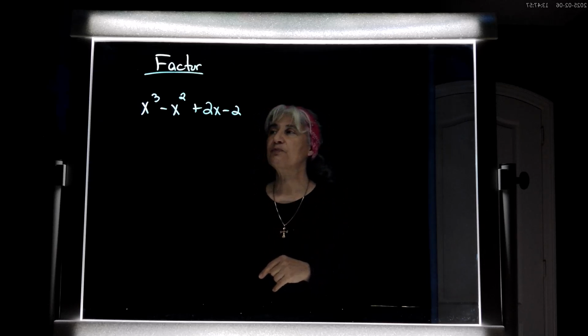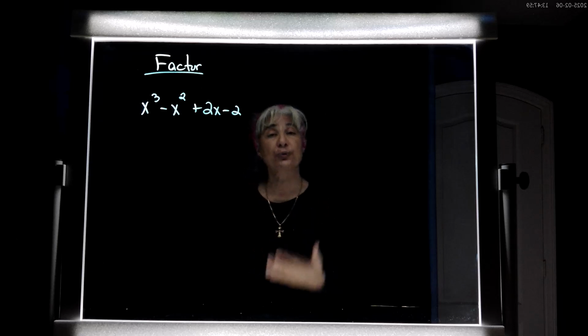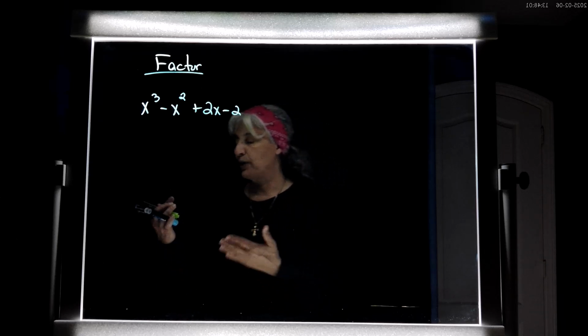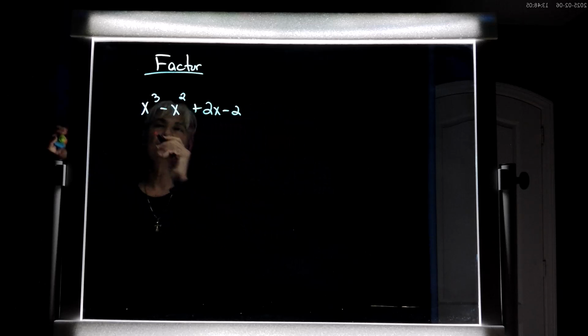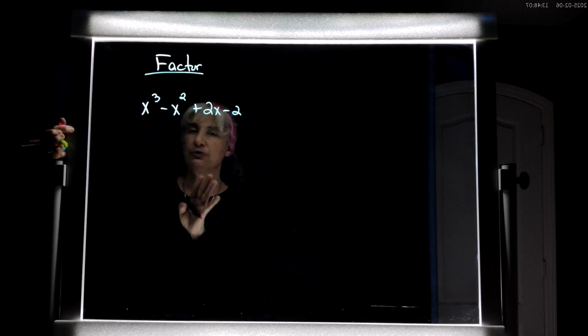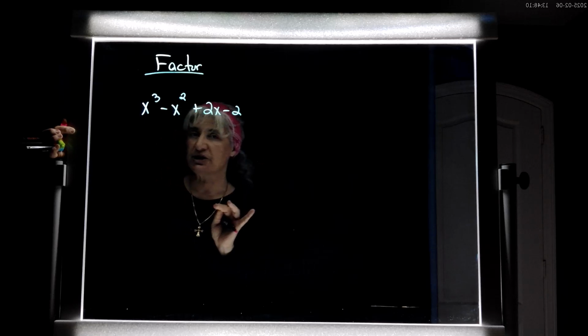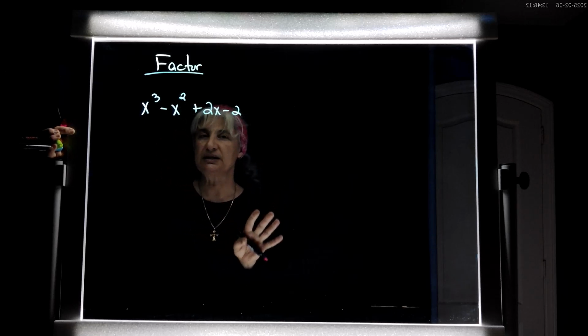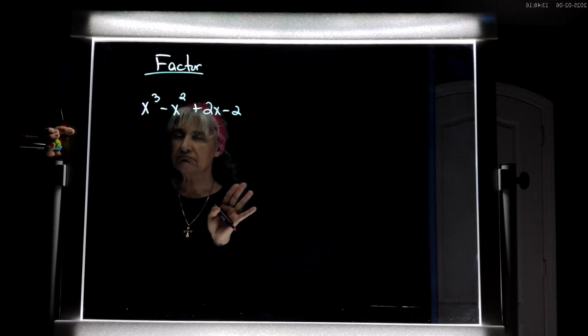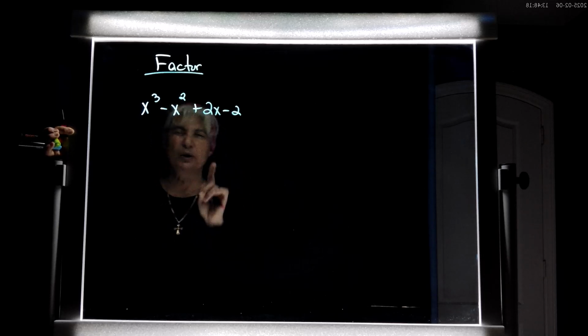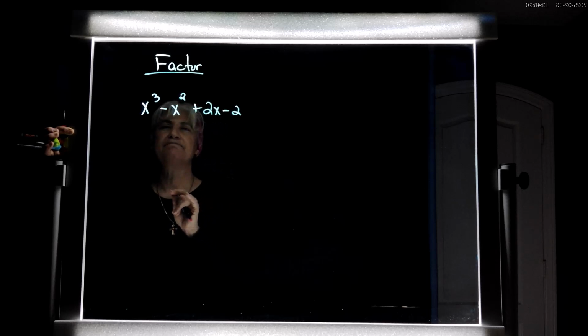Now, we use a technique called grouping. And when you group, just watch, okay? When you group, I normally leave it in the order in which they give it to me. It's usually in descending order already. I don't want to mess with the order, okay? It's like 1% of the time I actually have to do that.